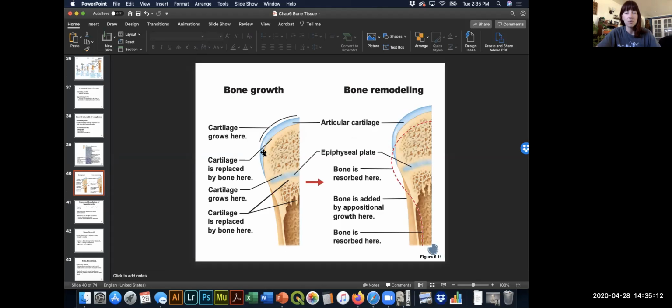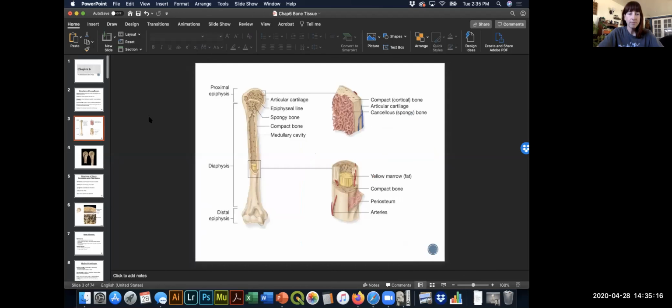So for your long bones, that articular cartilage is going to be at either end. And then you will have some short bones, like the bones of your wrist and hands, that will have articular cartilage on them, right? Because those are also synovial joints. They are diarthrotic, they're fully movable. So they need articular cartilage so that you don't rub bone on bone.